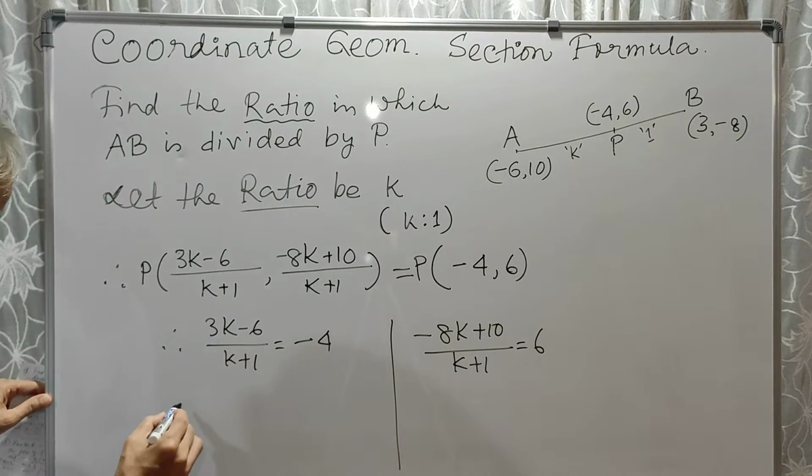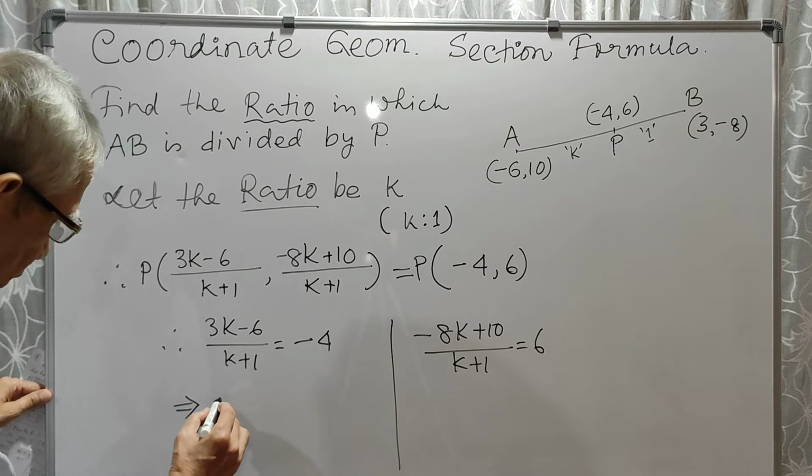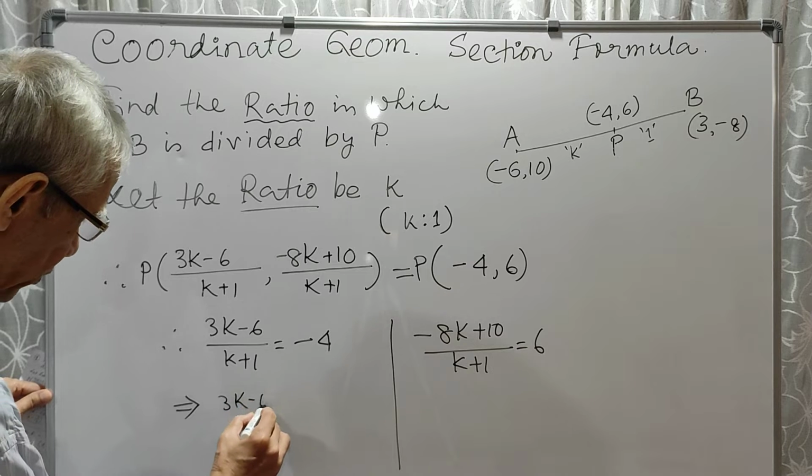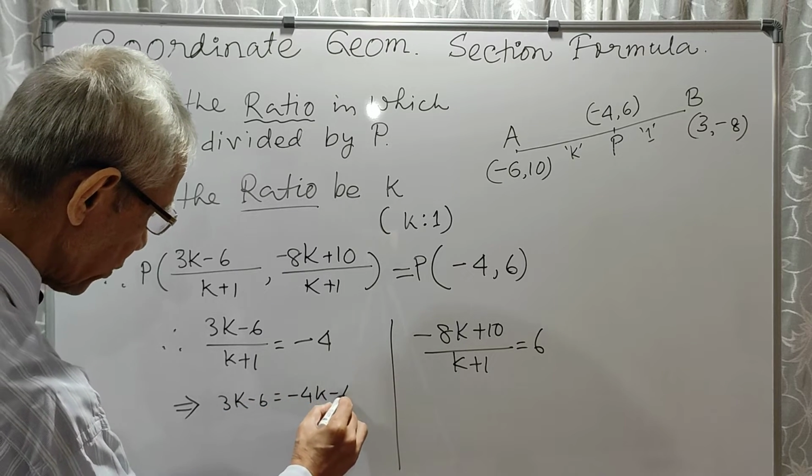Now it is just a matter of solution. How to solve this? 3K minus 6 equals minus 4K minus 4.